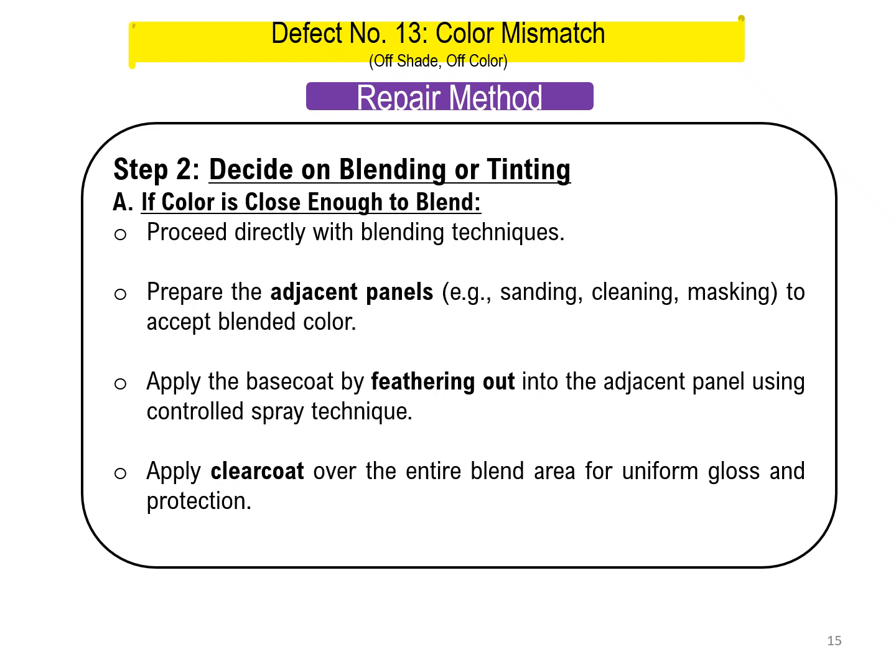At step number 2, decide on blending or tinting. In case A, if the color is close enough to blend, proceed directly with blending techniques. Prepare the adjacent panels, that is, sanding, cleaning, masking, to accept blended color.